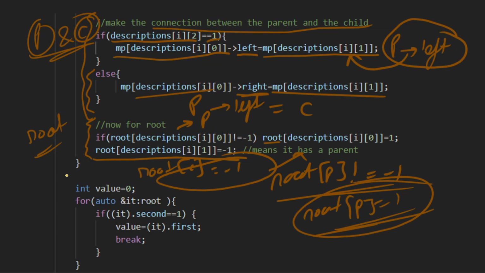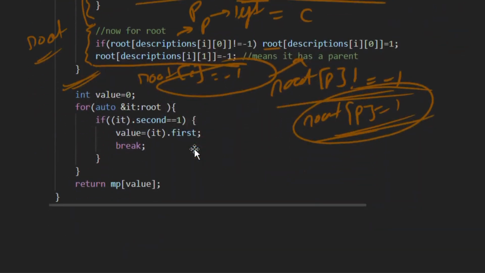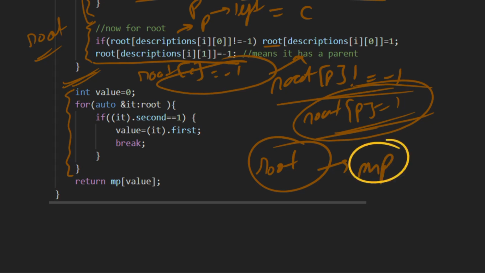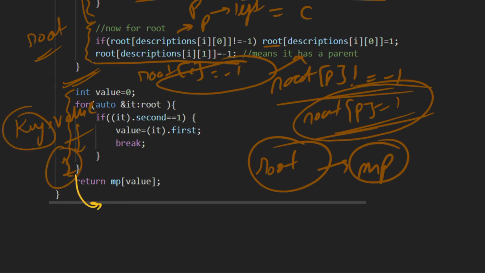And then after processing all the description array, the next thing that we do is we'll find our root node. So we iterate over the root map, and for every key value pair we want that key whose value is 1. That means it does not have any parent, so it will be the root node.